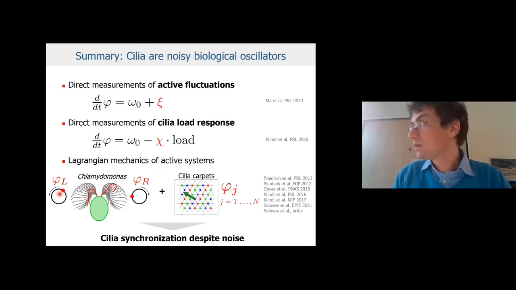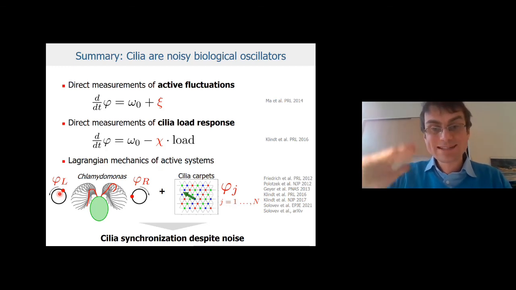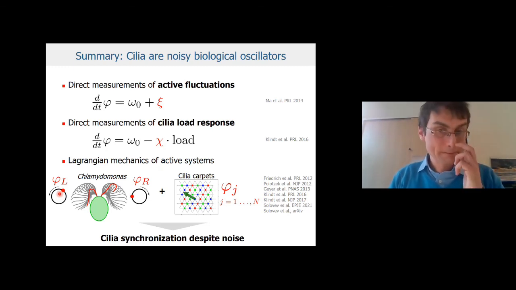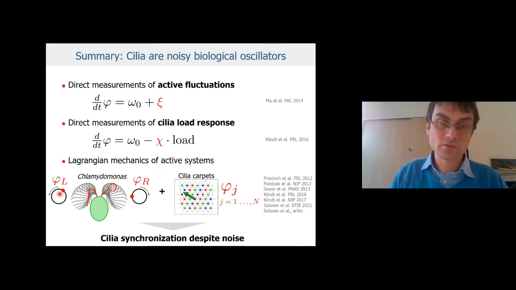So in chlamydomonas, the noise is only 10% of the critical noise strength where you would lose synchronization. And presumably that's a good compromise for the cell. It is sufficiently far away from the critical noise strength where it would lose synchronization. And at 10%, this will be a bit noisy, but that's good enough to swim reasonably straight. And no more effort is needed to get this down further.